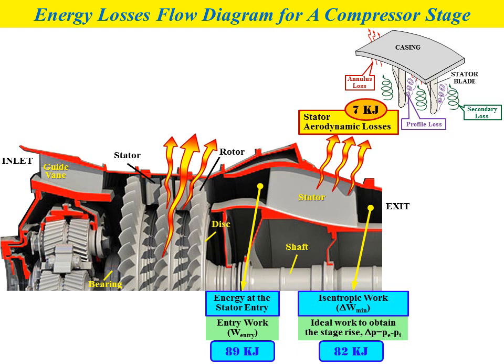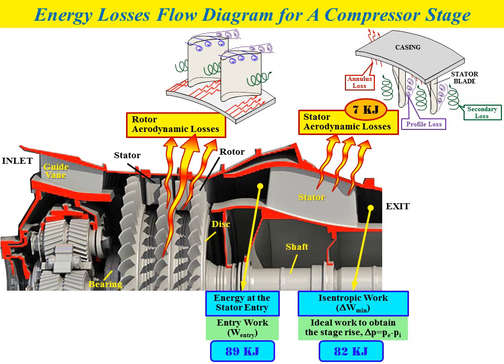In the compressor stage that involves rotor movement and also the stator effect, we will have another type of losses that we call rotor aerodynamic losses. These are the losses caused by the rotational movement of the rotor of the compressor.